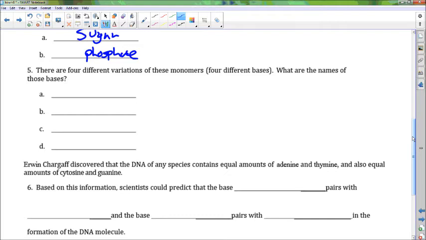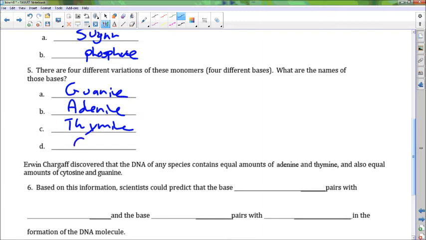Okay, there's 4 different variations, 4 different bases. What are the names? No, give me one. Guanine. Okay, Nick, another one? Adenine. Isaac? Thymine. Okay, and Rachel?